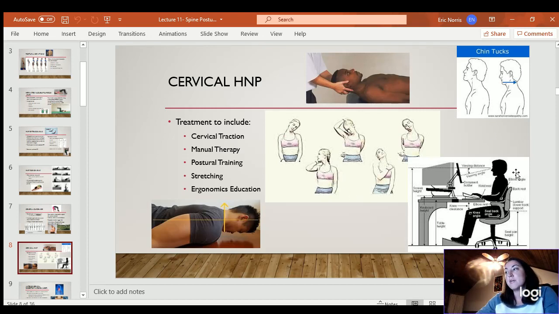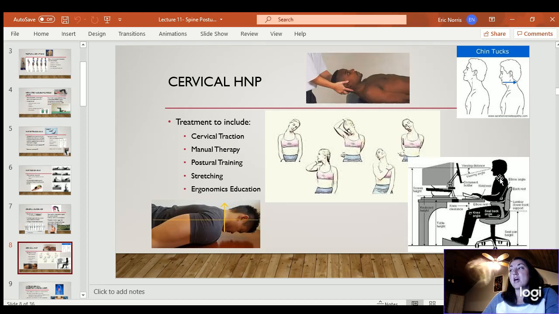So here's a little figure over here that's reminding you of some of the things that we look for when we do an ergonomic assessment. The height of a computer screen versus the patient's eye level.